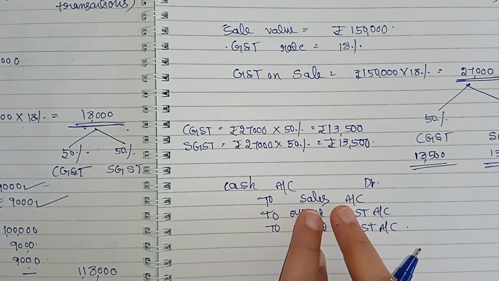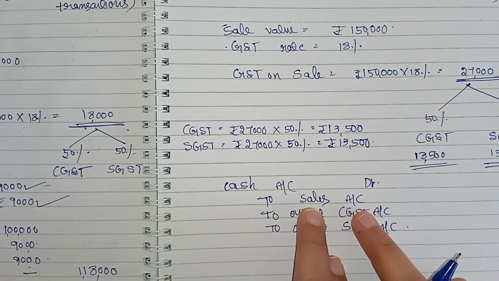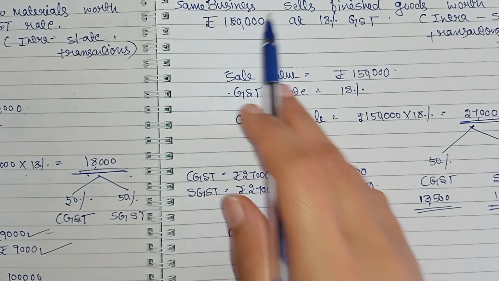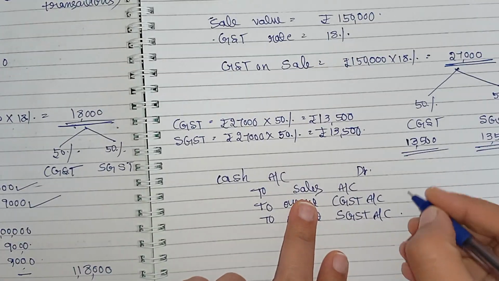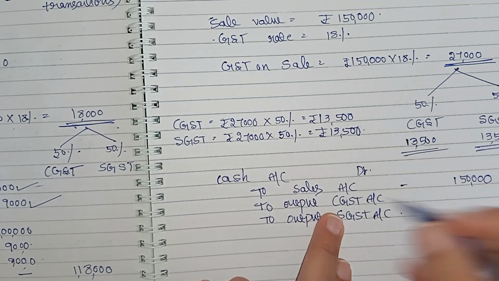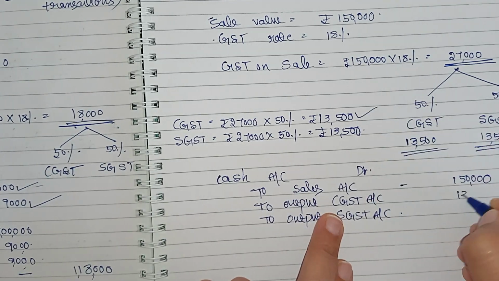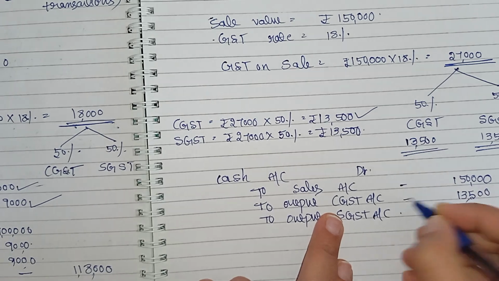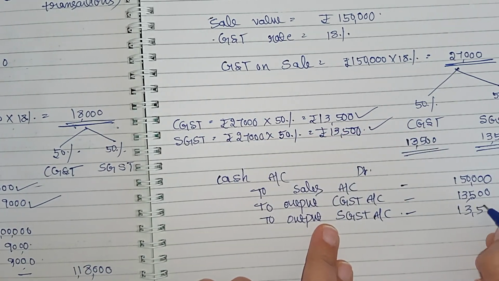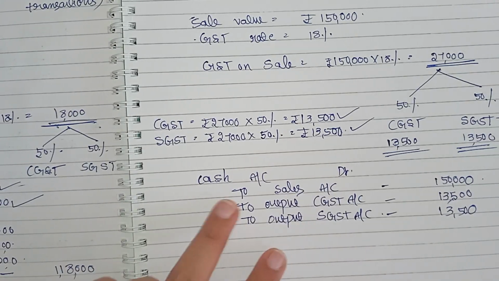First we will write the sales value. Sales value is rupees 1,50,000, output CGST is 13,500, and output SGST is rupees 13,500.